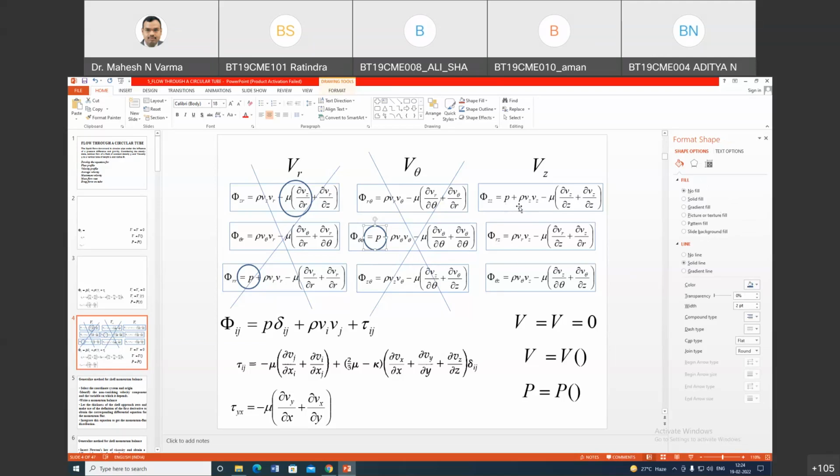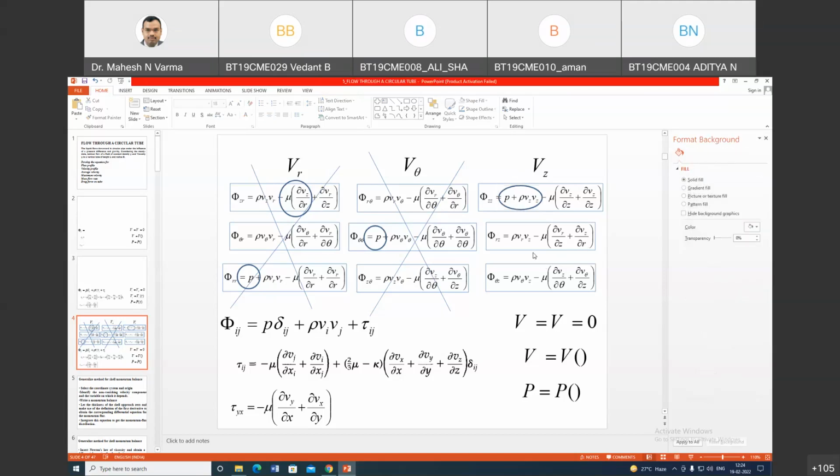Rho Vz will also be non-zero as we have velocity in that direction. dou Vz by dou z will be zero because the velocity is not changing in z due to the continuous flow. So these two terms will be non-zero, isn't it? Yes, sir. And why is Vz not a function of z? Because we have a continuous flow in a closed boundary here. Very good, very good.